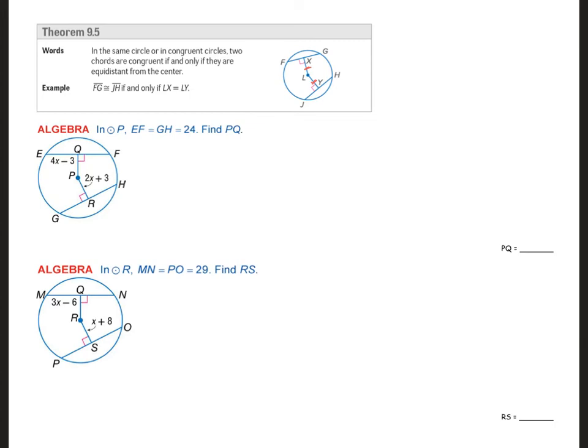So in circle P, I know that EF equals GH. I need to find the length of PQ. So what do I have? I have congruent chords. If my chords are congruent, then they have to be equidistant from the center.